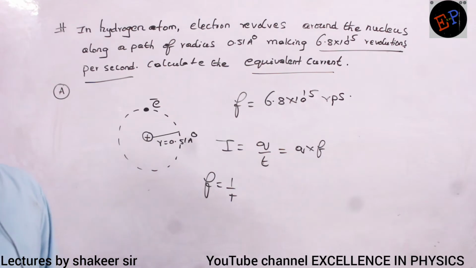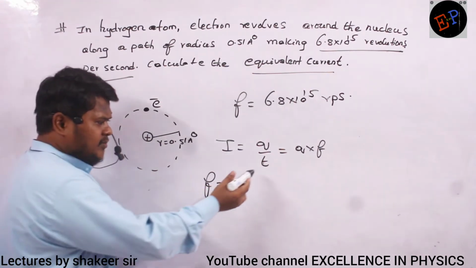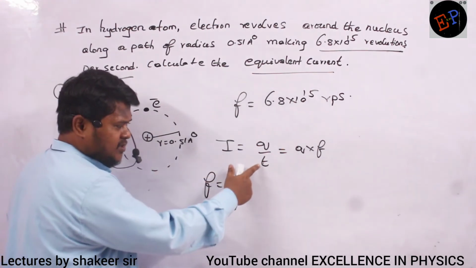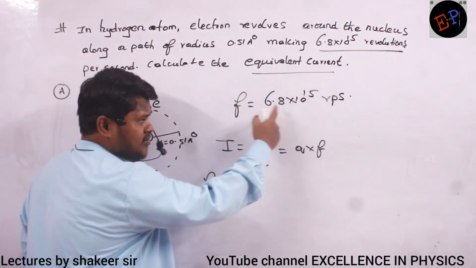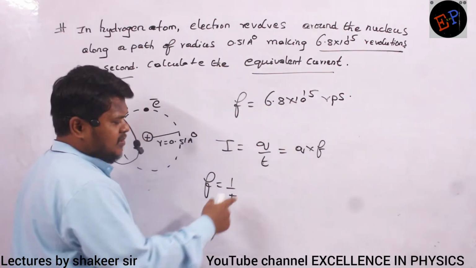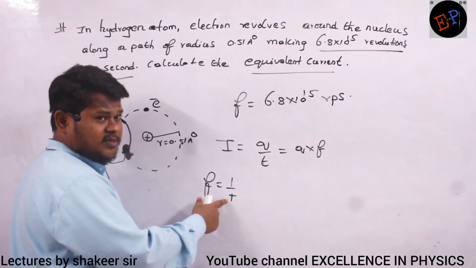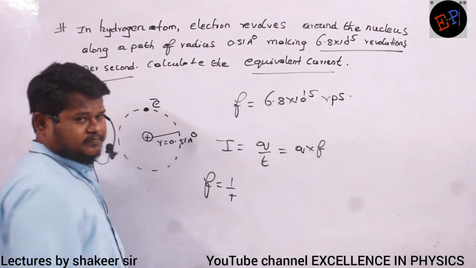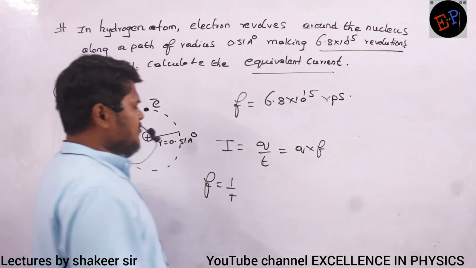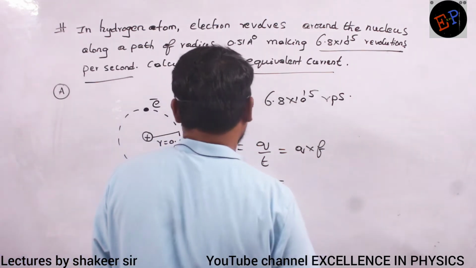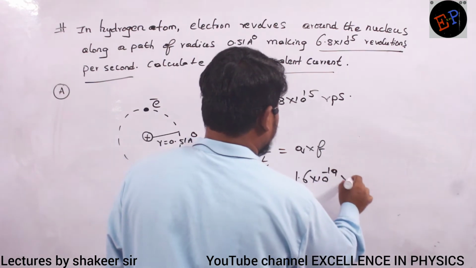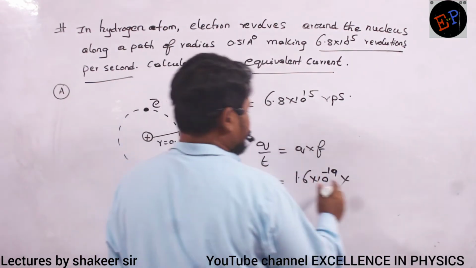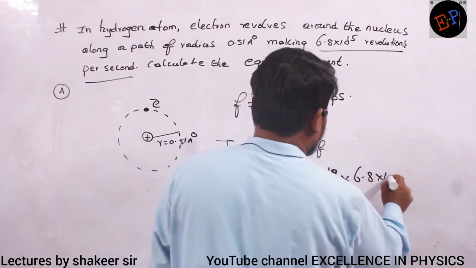1 by time period is nothing but frequency. Let us take a time of 1 second. In 1 second, how many rotations are produced? 6.8 into 10 power 15. So capital T means the time period, in 1 second. Q is nothing but charge. What is the charge of an electron? 1.6 into 10 power minus 19, multiplied by frequency, which is 6.8 into 10 power 15.